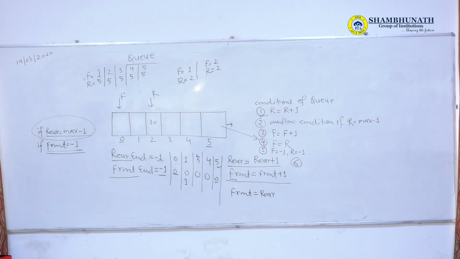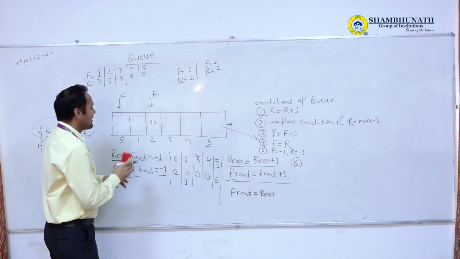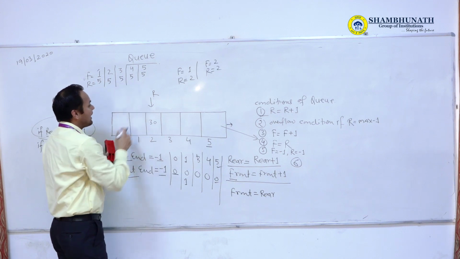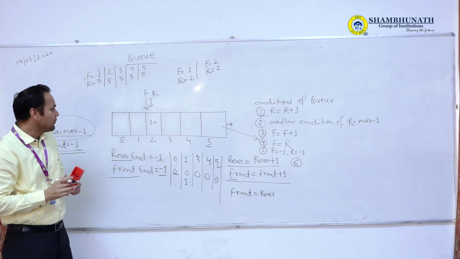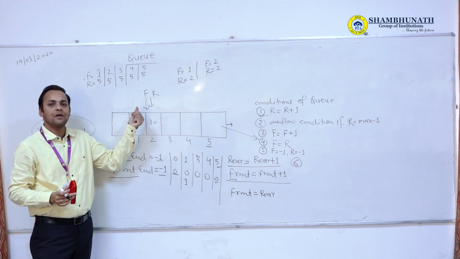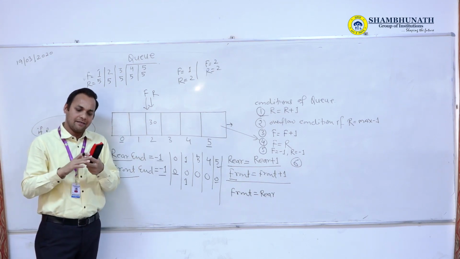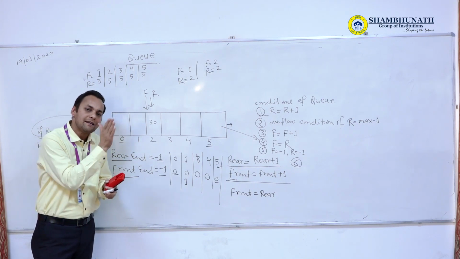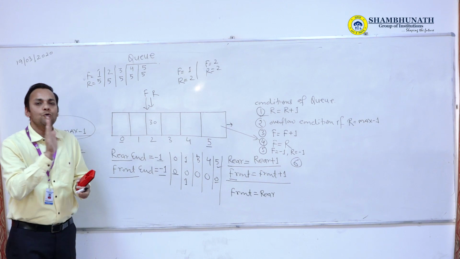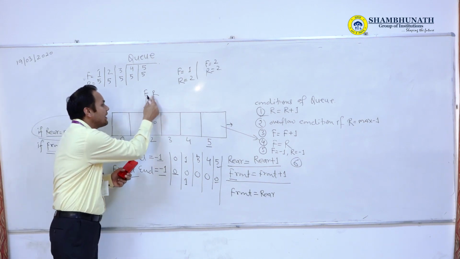If we delete again from the front end of the queue, as we have already said, front will increase by +1, with no change in the rear.